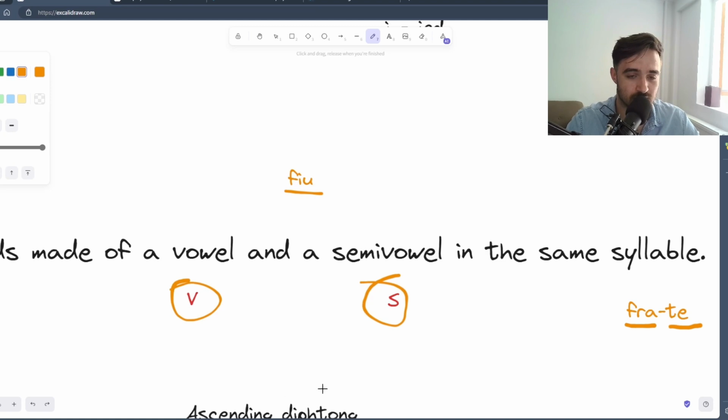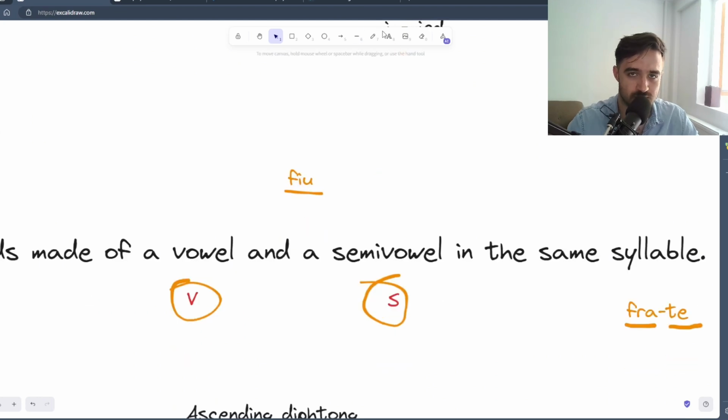We will get into ascending and descending diphthongs in a second, but as a comparison, the opposite of a diphthong, where you pronounce a vowel and a semivowel in separate syllables, is called a hiatus, and we will talk about that in the coming episodes.